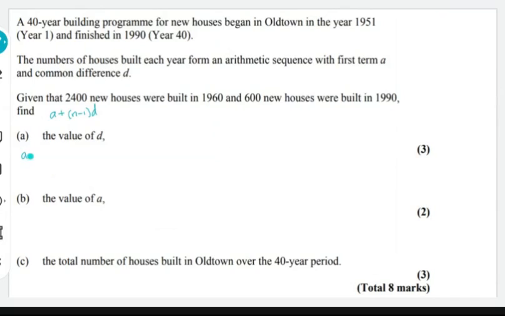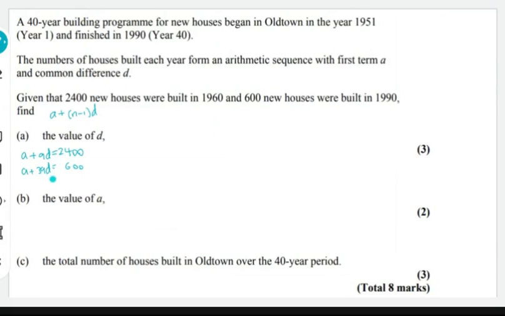So we've got a plus 10 minus 1, which is 9d, equals 2,400. And then for 1990, that is year 40, so that is a plus 39d equals 600.